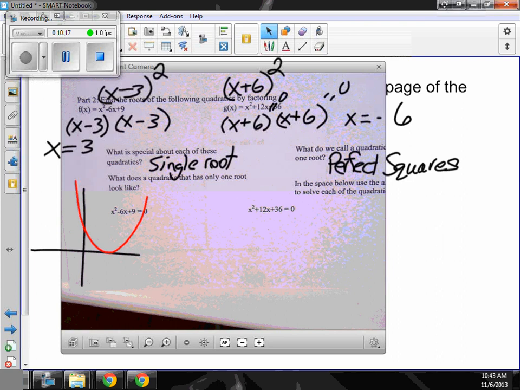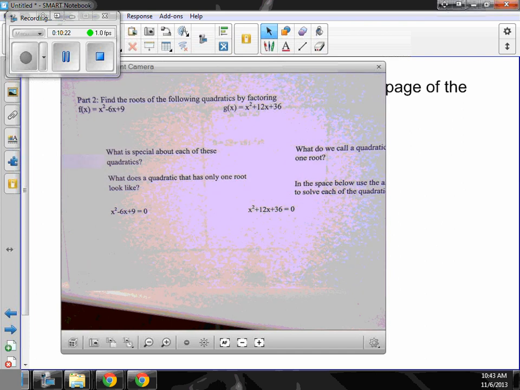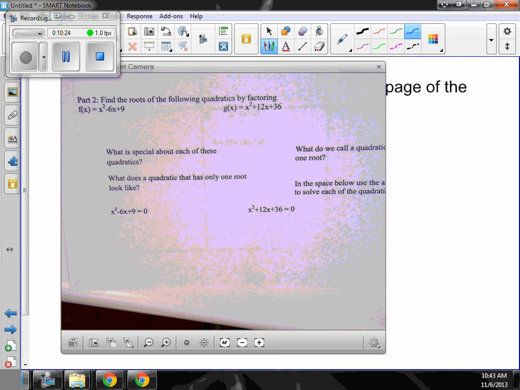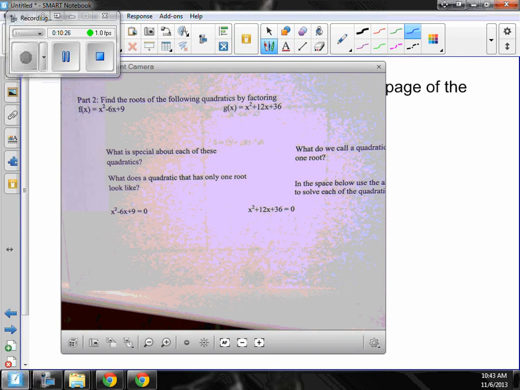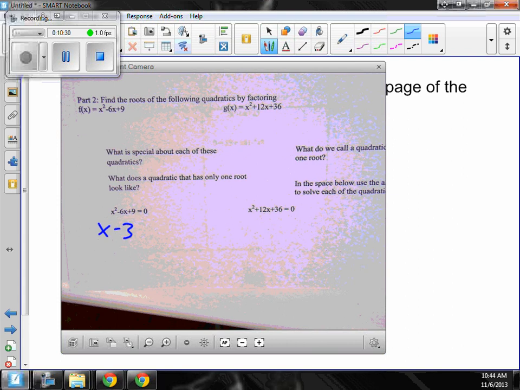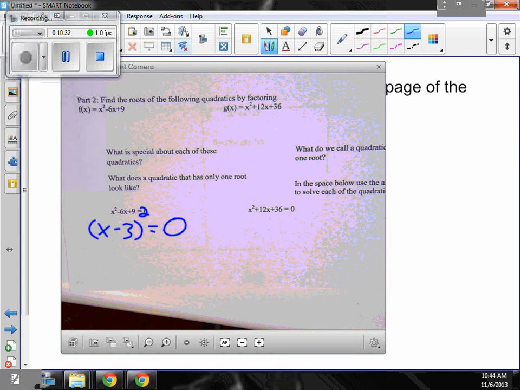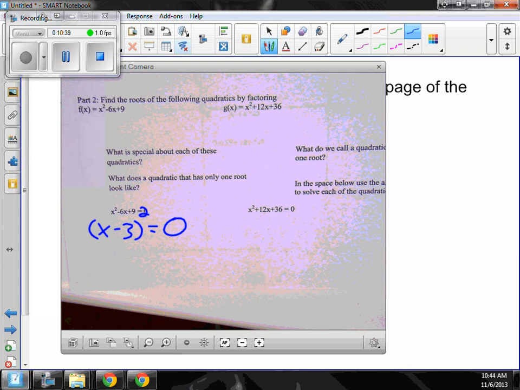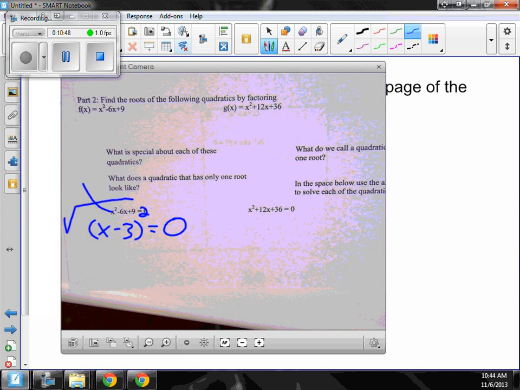Okay? So now in the space below, we're going to use the perfect square idea to solve these. Now this is going to look really weird, but it's going to help you with something we're going to do on the next page. So this is x minus 3 to the second equals 0. So write that down. Okay. Now, this is the same one as that.